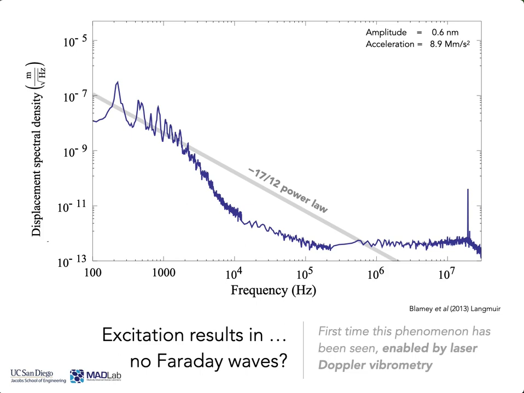We were expecting that if we excite the fluid at say 20 megahertz, we would see a vibration appear at 10 megahertz in this displacement spectral density plot with respect to frequency. So there's an excitation, and there's no Faraday wave. If you look at the upper right-hand side, the amplitude of motion is very, very small, but the acceleration is 9 million meters per second squared. That's a feature of these high-frequency excitations, which can give rise to peculiar phenomena like we're reporting.